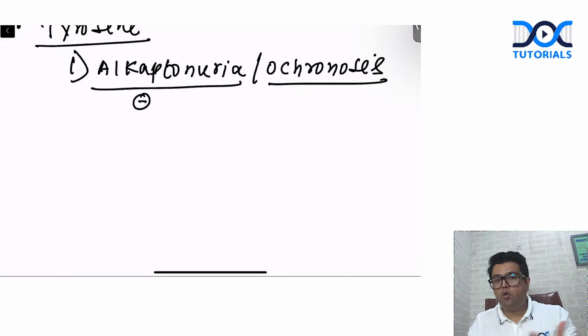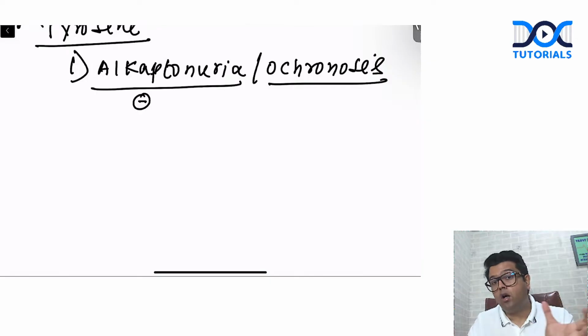And ochronosis is simply a term for pigmentation of the dermal fibers or the cartilaginous tissues in our body. This pigmentation turns them ochre colored under the microscope. Ochre is a yellowish brown color.